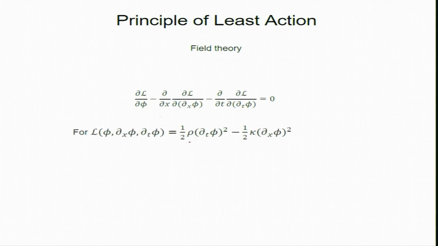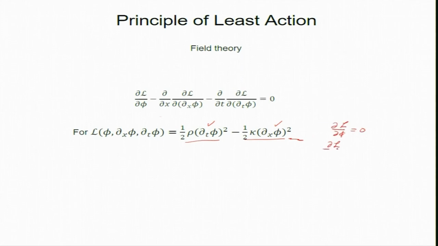My Lagrangian for a string is a function of d phi dt and d phi dx squared. When I substitute, what is partial L partial phi? It is 0, because L is not a function of phi.